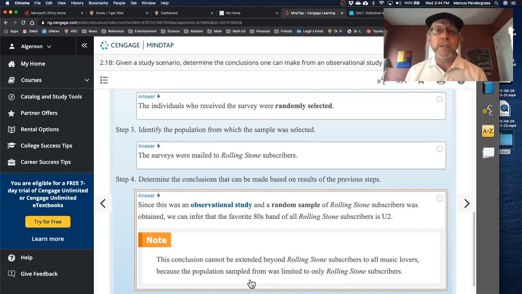In fact, we'd kind of be surprised if it were. But we would expect that that number would be somewhere near 43%. And we might also expect that other bands would similarly come in with a lower number of people who think they're the best. And so when we make that inference to the population of all Rolling Stone subscribers, we don't expect the fine details of the study to hold 100% true, but the overall conclusions we do.